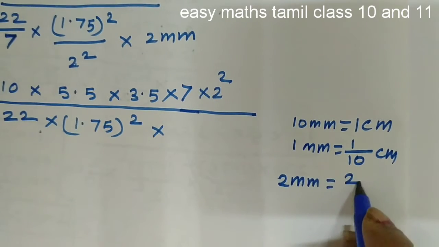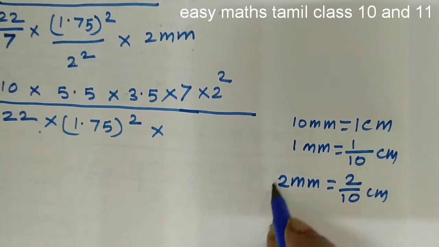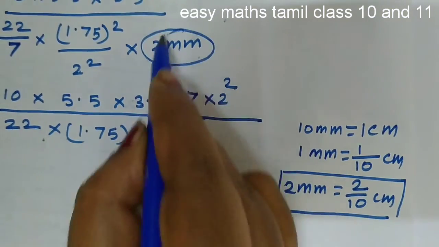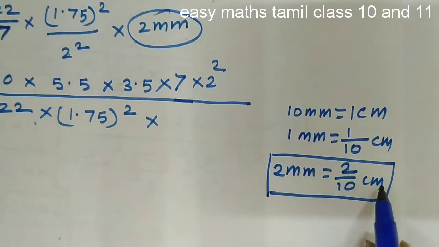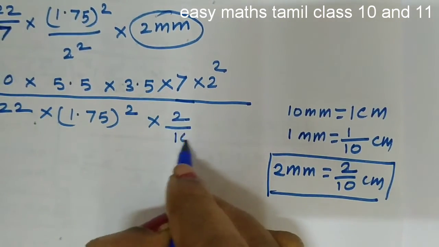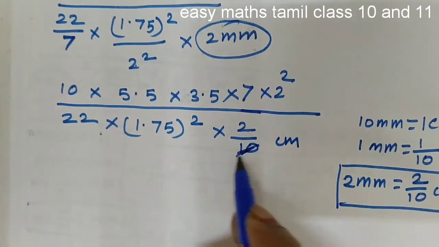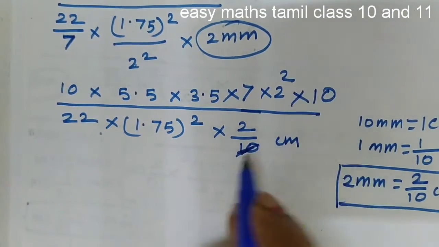So 2 millimeters equal to 2 by 10 centimeters. Substituting the value of 2 by 10 centimeter in the place of 2 millimeters. This 10 will go to the numerator.